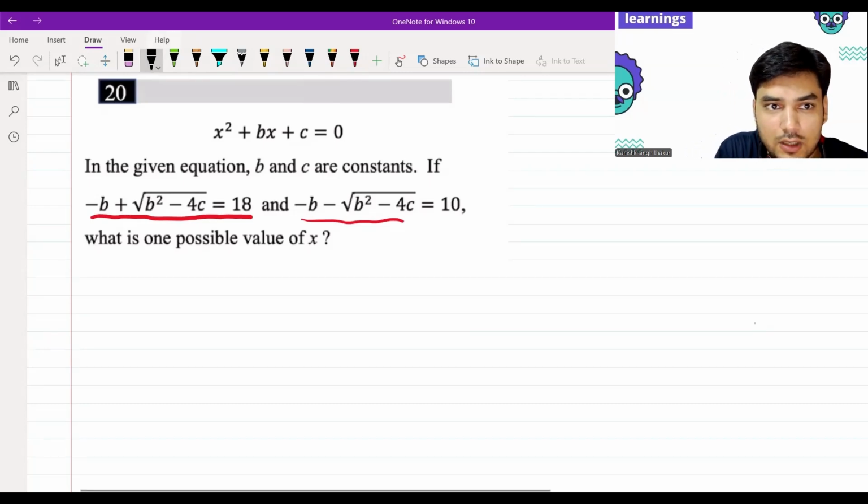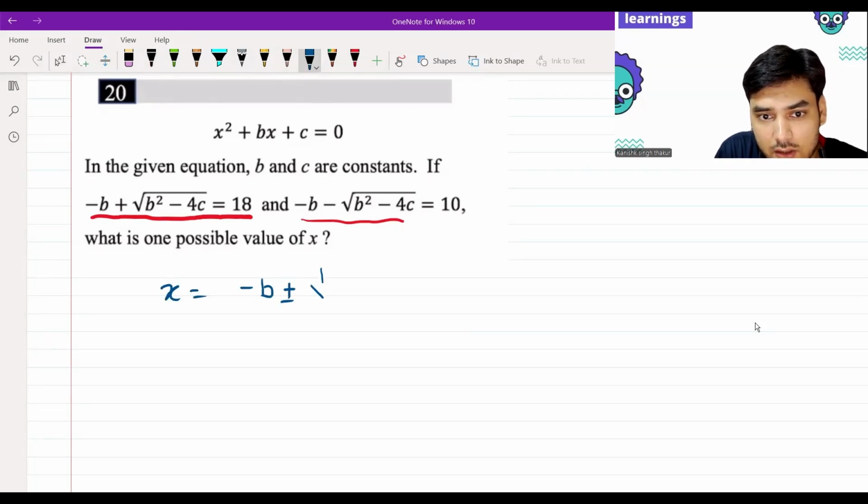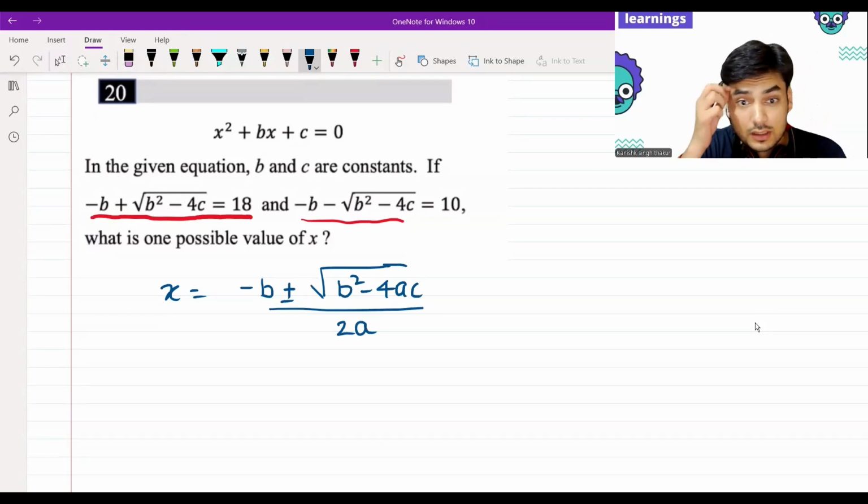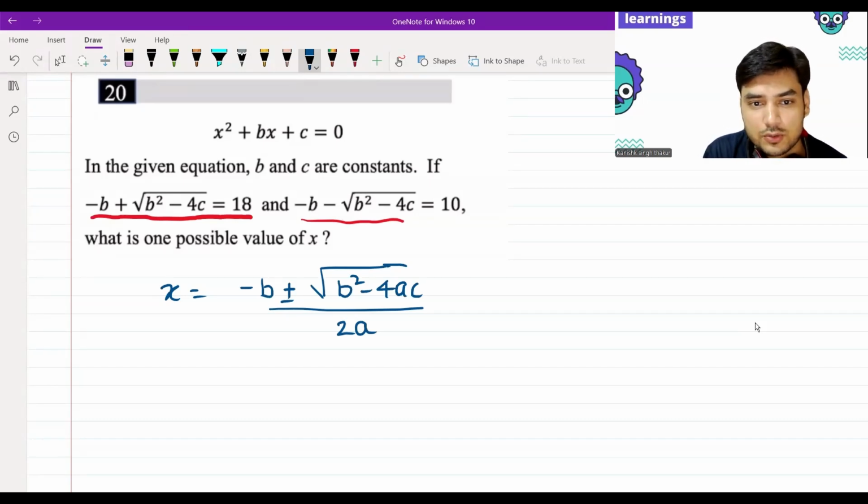So what is that formula you get? x is equal to minus b plus minus under root of b square minus 4ac upon 2a. This is the quadratic formula you have for the solutions, as well as for the roots. Okay, you will have two roots, one is plus and one is minus. So here the upper term is given to you as 18, right?